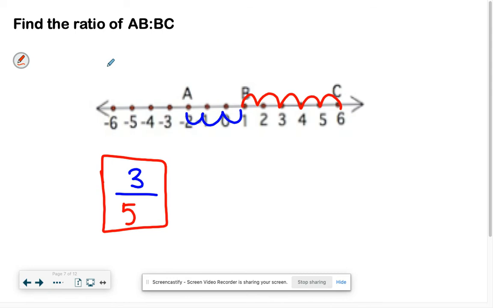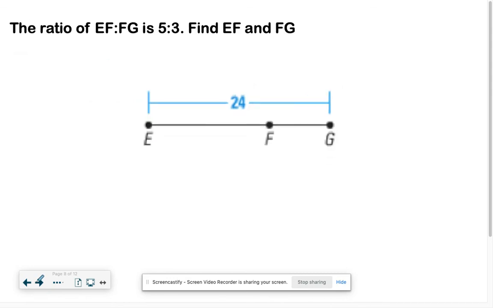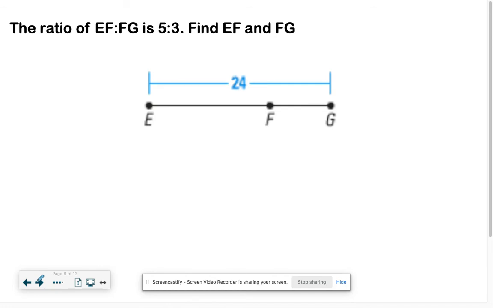This next one's kind of goofy, but it's not too hard. It says the ratio of EF to FG is 5 to 3, and we want to figure out how long they actually are. Then they have to equal 24. So we know that they're in 5 parts to 3 parts, but do we know how big that part is?